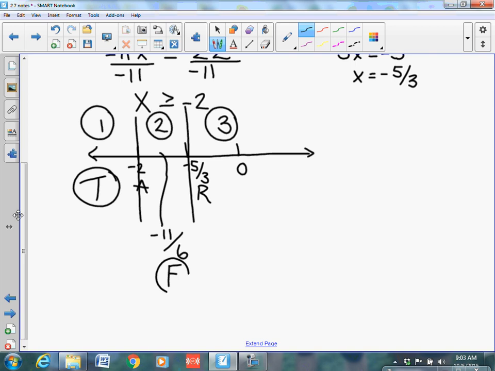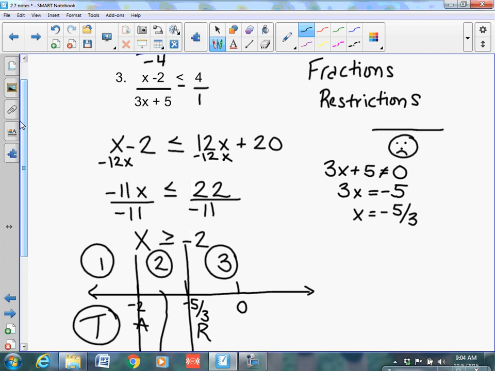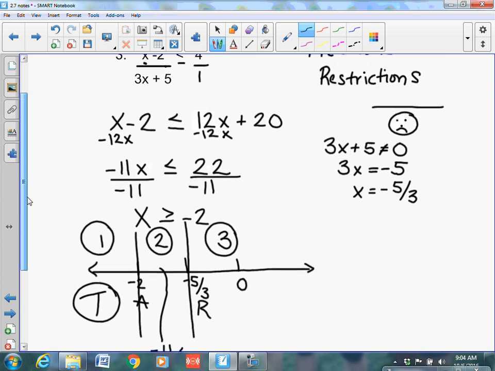It doesn't work in there, and you can take the time and study how to check it if you want to. Put a negative 11/6 here, subtract 2, hit the division button on your calculator, figure out what 3 times a negative 11/6 is, add 5 to it, take the two numbers, divide them out.